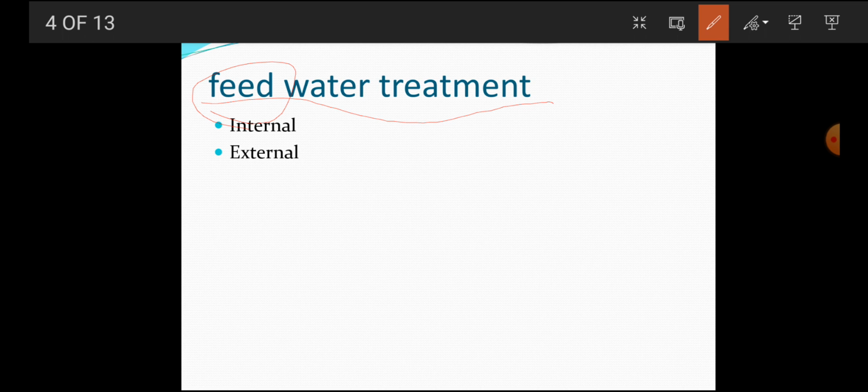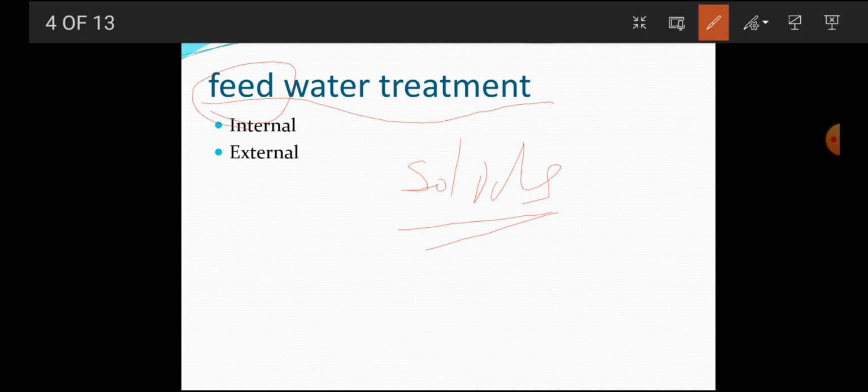The feed water must be sufficiently free from solids to allow rapid and efficient heat transfer, and it must be non-corrosive to boiler metal. So if we are providing good quality water, then the efficiency of the boiler will increase.